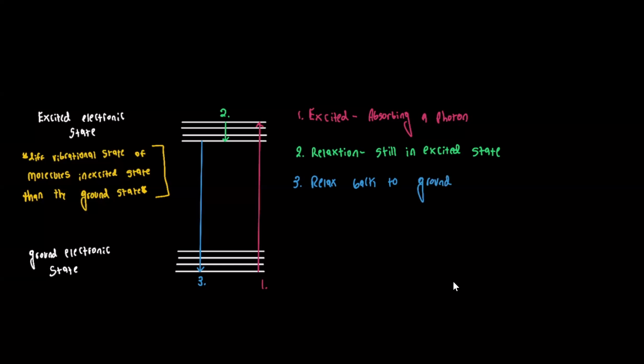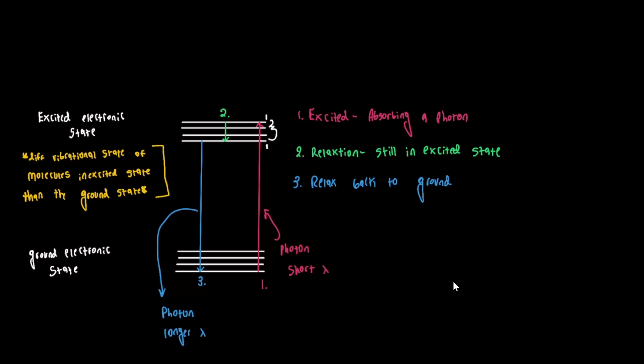So what's happening here is we're absorbing a photon of light with a short wavelength. When we relax from this higher vibrational part to this lower vibrational part, we're losing a little bit of energy. And then when I jump all the way back down to my ground state, I'm going to release a photon with a longer wavelength.